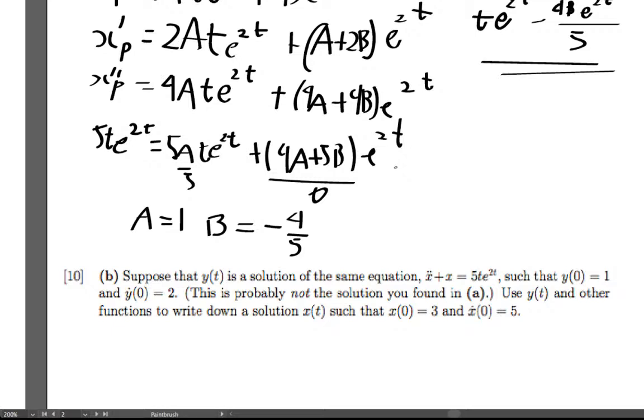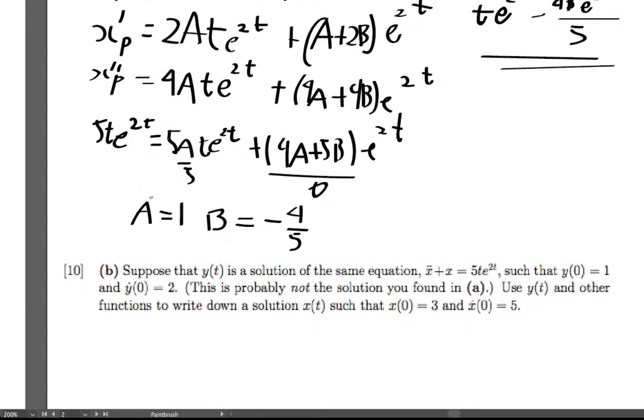So we want to find another function that would also satisfy this. First things first, we have already calculated the complementary solution last time.